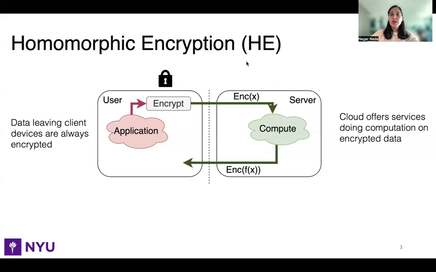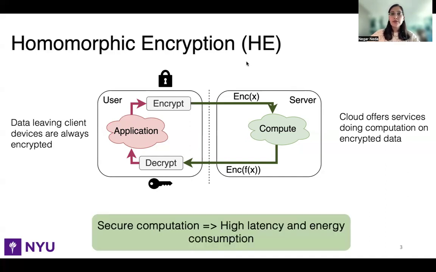So the server will generate some encrypted results. It will send them to the user, where the user is the only one that can decrypt this information using the key. But definitely doing secure computation has some trade-offs, and that's high latency and high energy consumption because of doing computation on encrypted data instead of actual data.